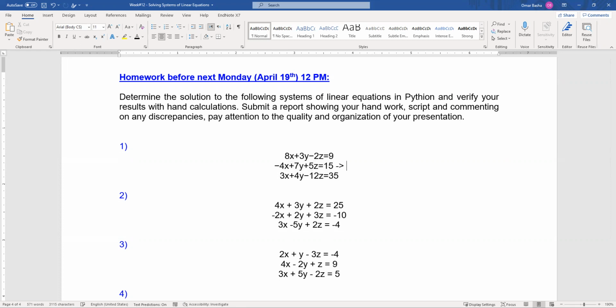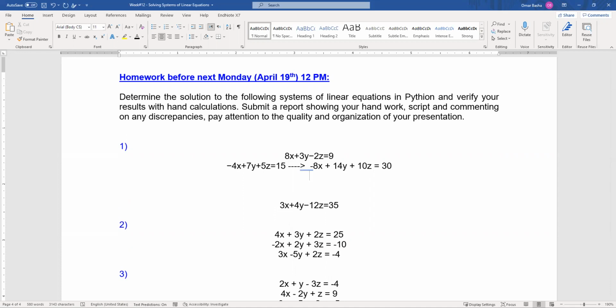If I multiply this row by -2, I'm going to get -8x + 14y + 10z = 30, right? And then if I add the first and the second equation, I'm going to get 17y + 8z = 39, right?